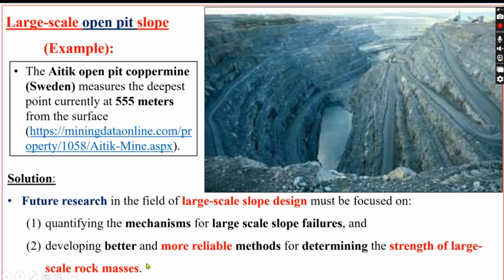This research also has to focus on developing better and more reliable methods for determining the strengths of large-scale rock masses, because there is no reliable method for this. Without this determination, it is not possible to accurately predict the stability condition of large-scale rock masses.